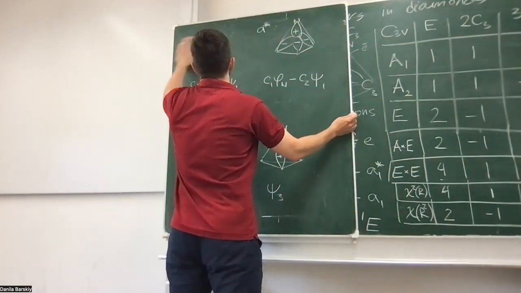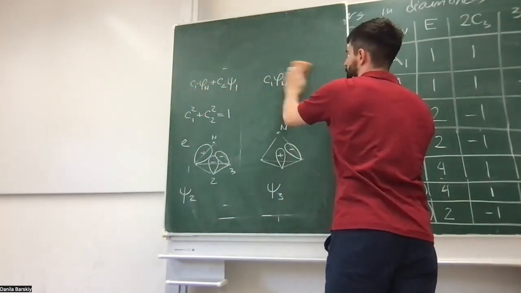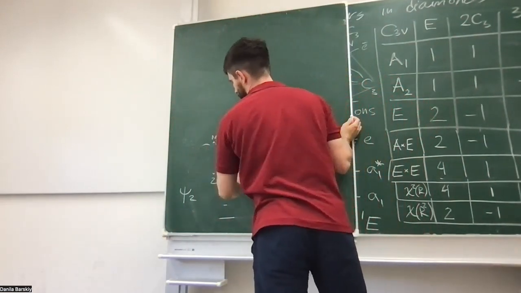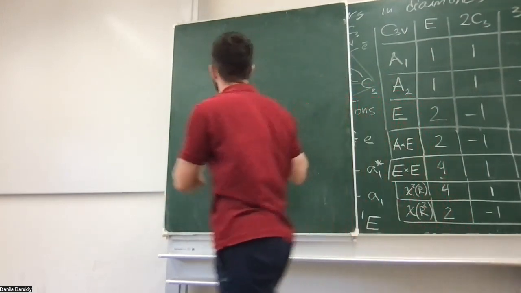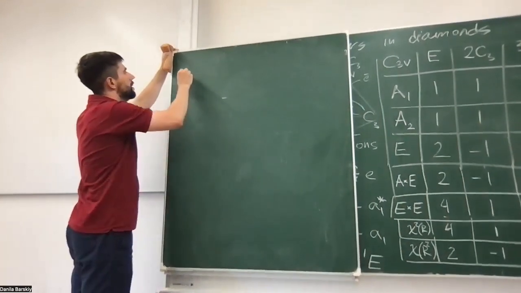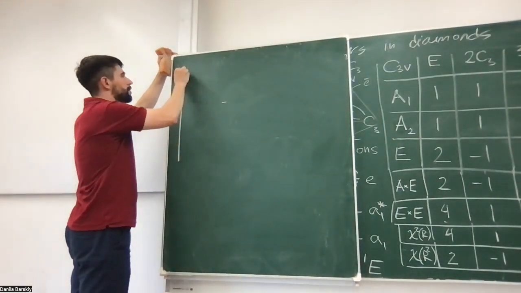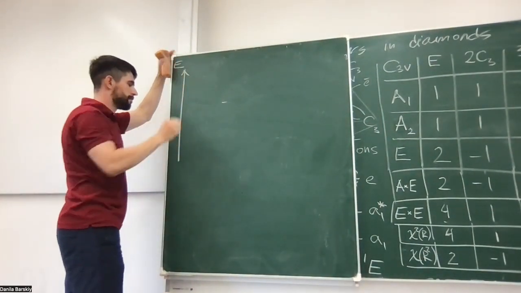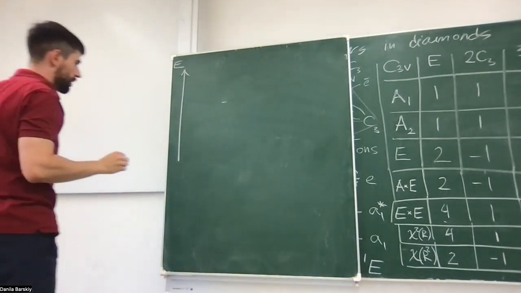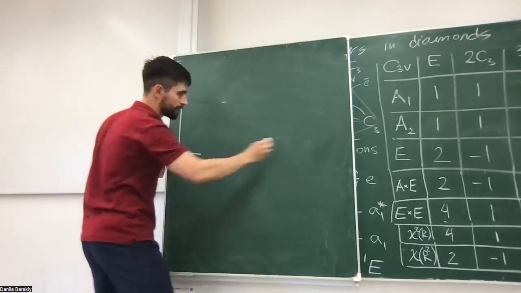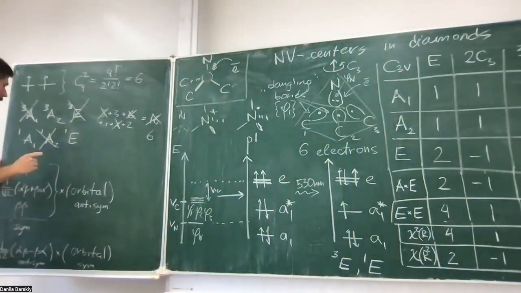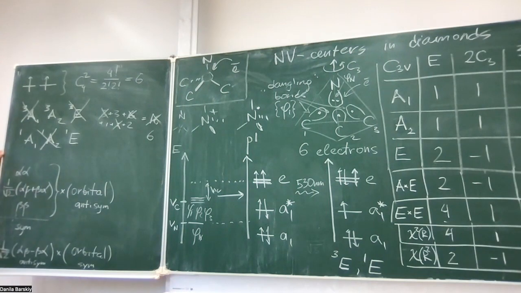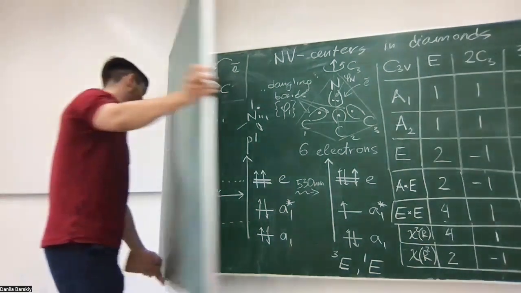Now we're talking about actual terms, actually states with specific energy. The lowest state, the ground state, is the state with the maximum spin according to Hund's rule, which is A2, 3. Now it becomes familiar.